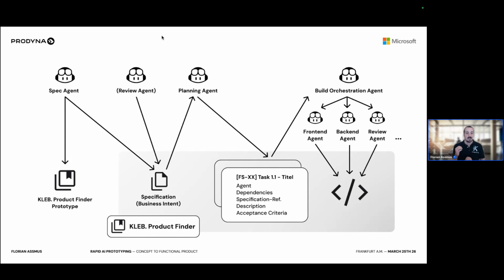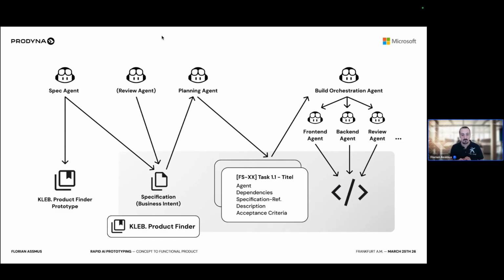With this specification, we then hand this over to our planning agent, and as you will see in a bit, I've built the planning agent in a way that it creates GitHub issues. So it looks at the specification, it knows all the constraints, what technologies we want to use, and it will break down the tasks and create GitHub issues for all these tasks.